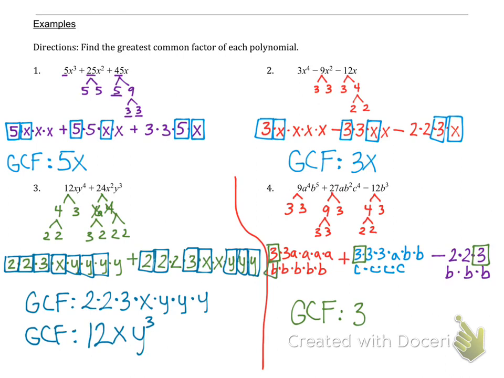So I have 1 B, 1 B, and 1 B. So I have 1 B. Let's see if we have 2 B's in common. So I have another B, and another B, and another B. So times B. So if I simplify that, my greatest common factor is going to be 3b squared.